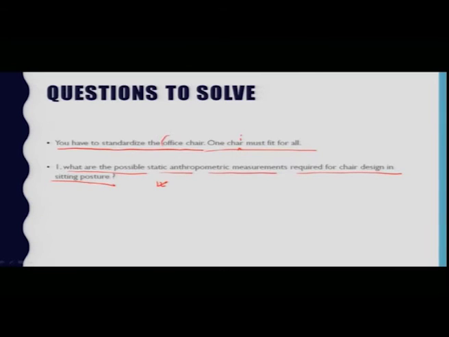First you have to take care of the problem statement: if you have to standardize an office chair, what kind of anthropometric measurements will you consider in order to design a chair? So, think about those things and recall previous slides, so that you have a better idea of what those measurements are and what you have to consider in order to design this office chair.